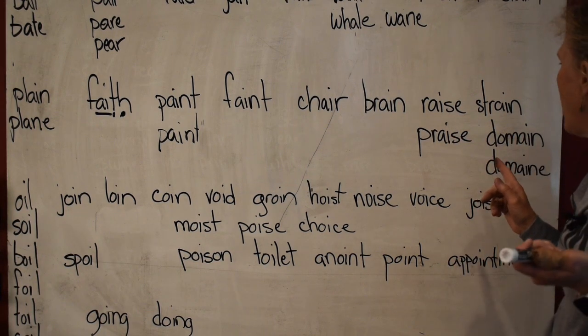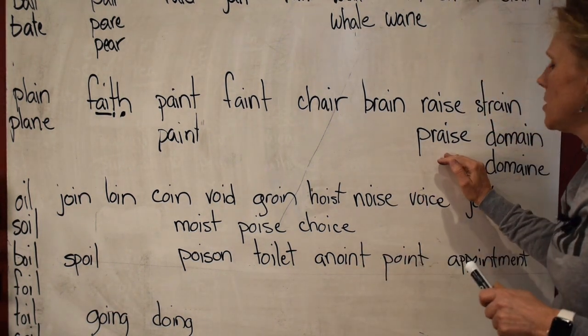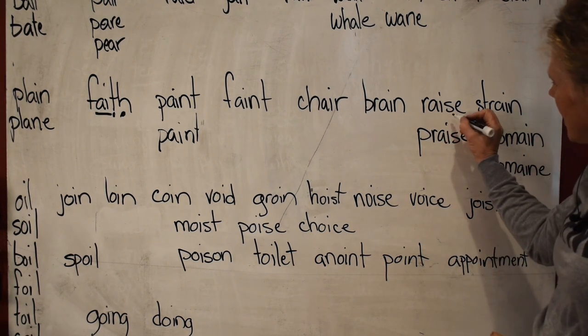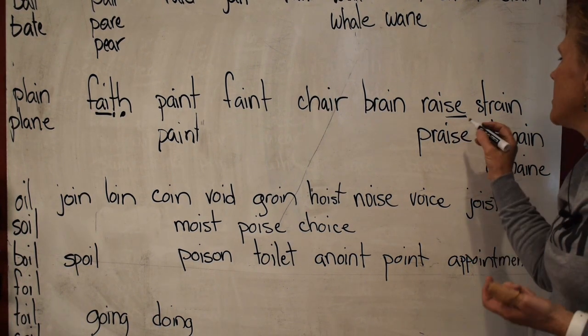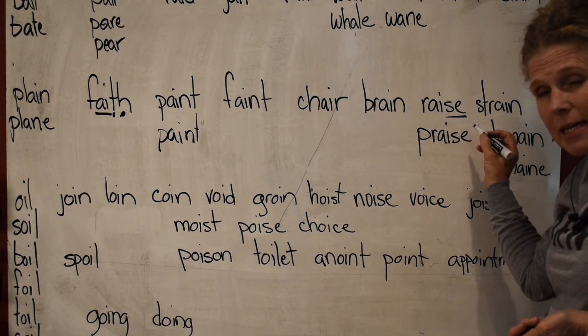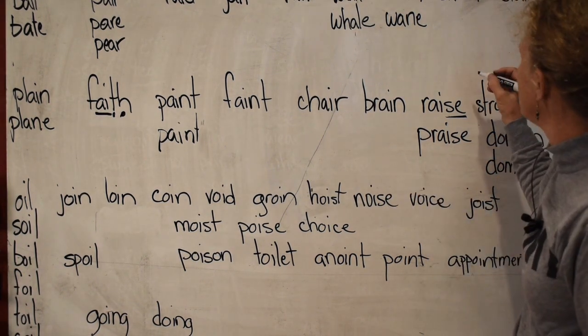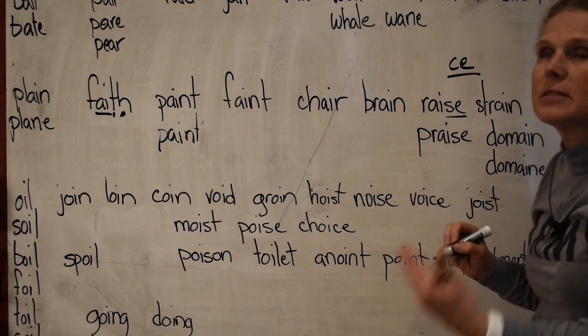Now, I've gone over this in other videos, but I thought it would be good to also go over it. See how this says raise, the SE. Now, sometimes the SE says S, but if you have an S then an E, it most of the time will say Z. Now, if you have a C and an E, that's when you're going to have the S sound.